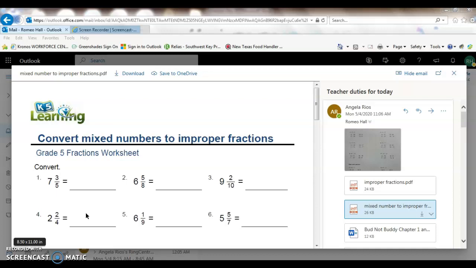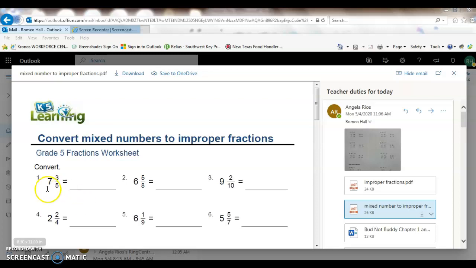So starting with the first one, let's write 7 and then the fraction 3/5. With that being said, to get the improper fraction, let's start with the denominator, which is 5. So please write down for the part of the answer a line and the number 5 at the bottom.